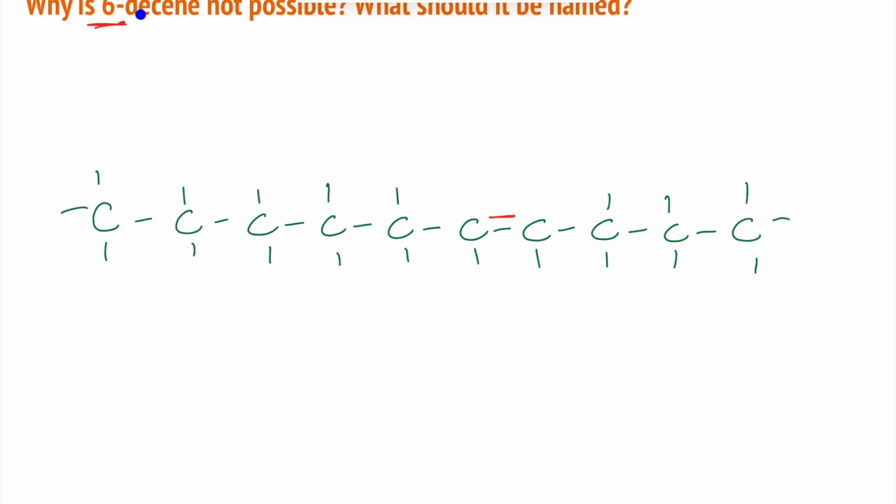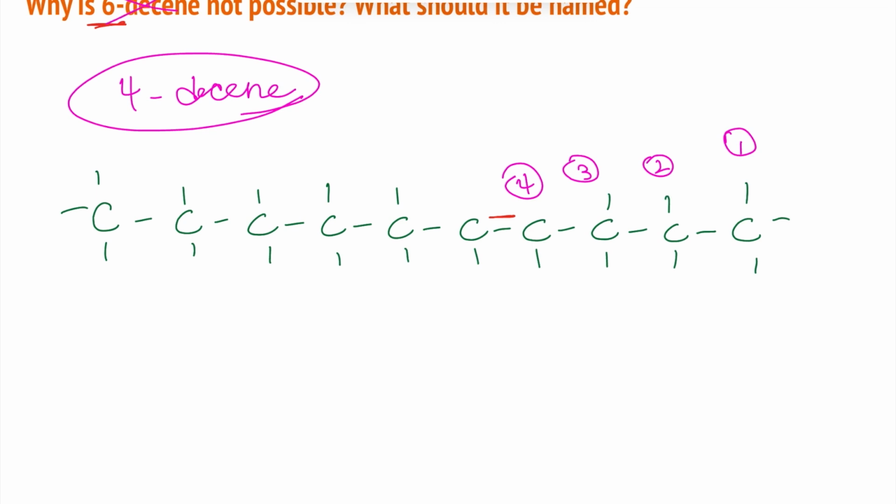Because decene is 10, we're not going to ever have a number above 5, because we would rather make this my number 1, 2, 3, 4, and this is 4-decene and not 6-decene. So as we talked about above, we want that lowest number possible. And so anywhere over the halfway point is not possible. We can number our carbons either from left to right or right to left. We just want it to be the lowest possible number.